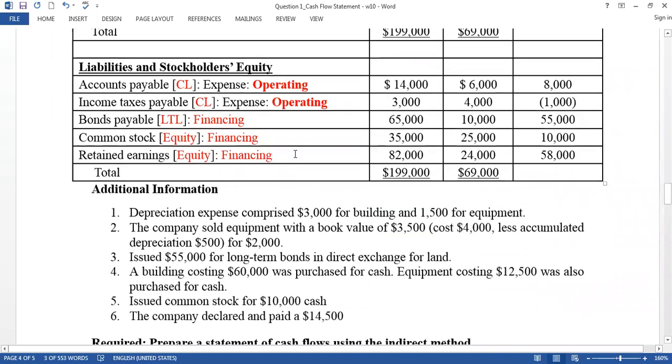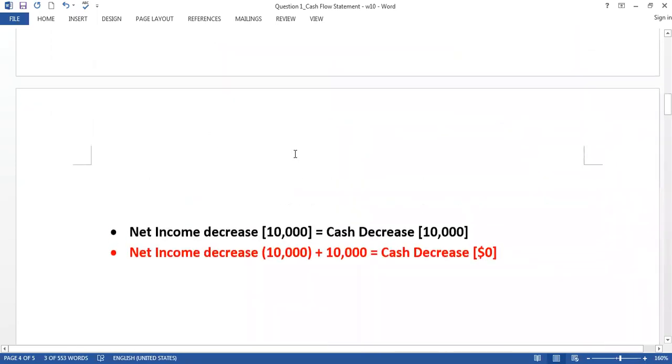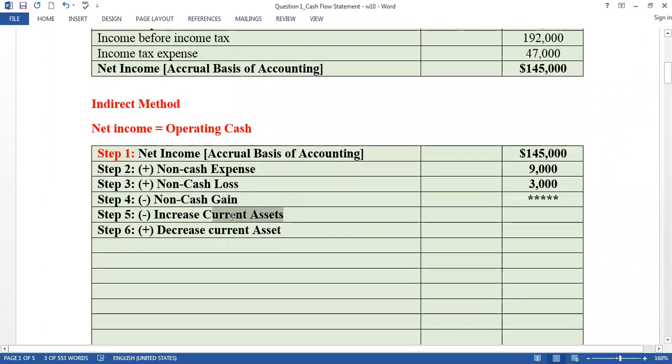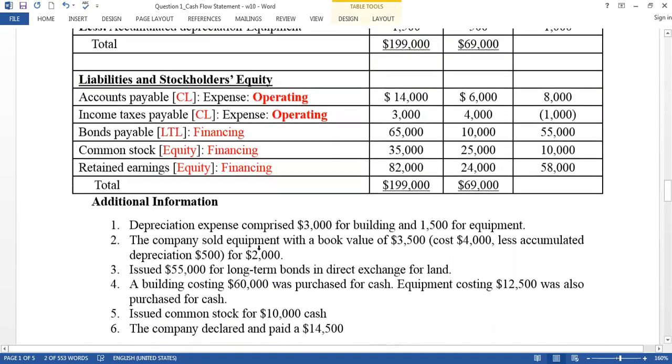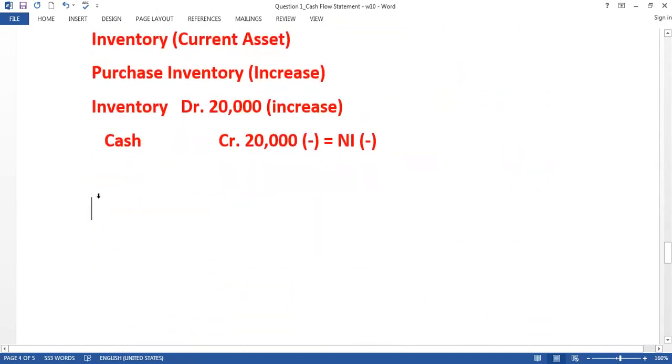So look at the proof here. Current asset increase means cash is not with you. You paid cash, right? Here you buy inventory. Now sell inventory. Sell inventory means your inventory increases or decreases? Inventory decreases.